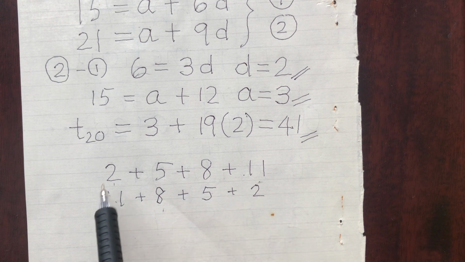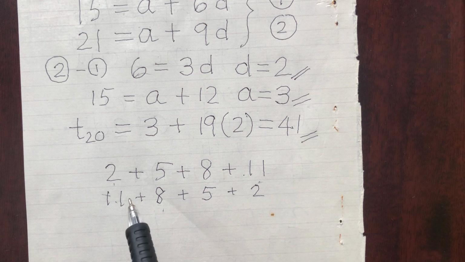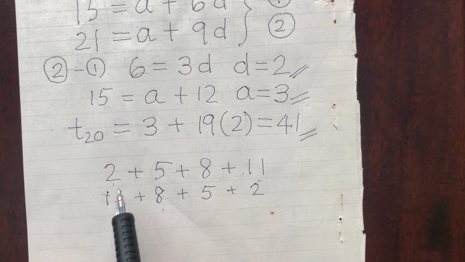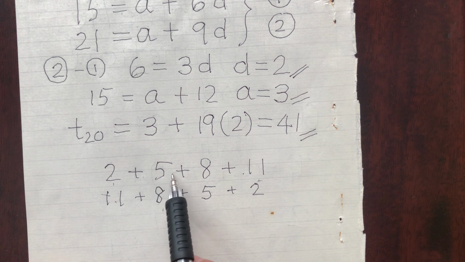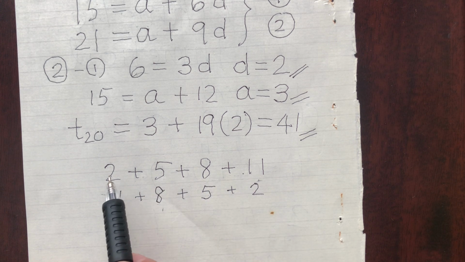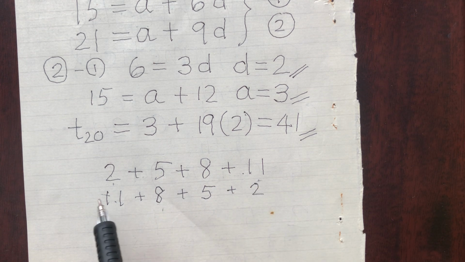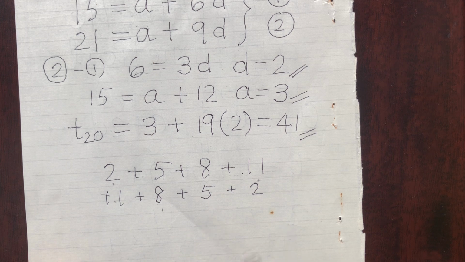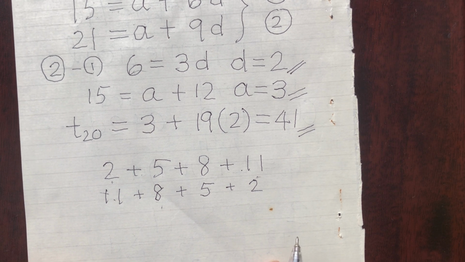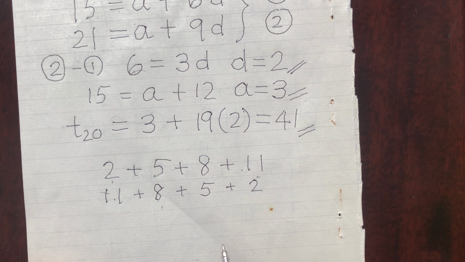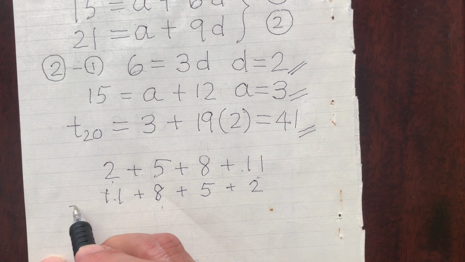If I add all the 8 numbers, then that will be 2 times the sum I want, because I want only this sum, right? 2, 5, 8, 11. This is the series. But if I write it backwards and add everything, the result will be 2 times the sum I want. So let's add them together.